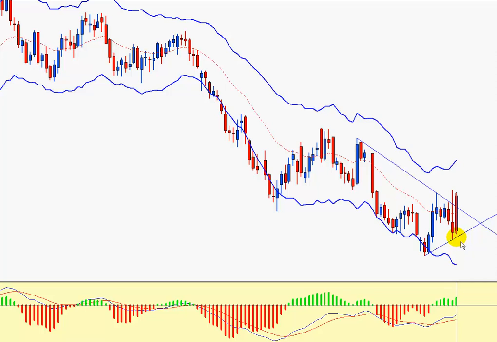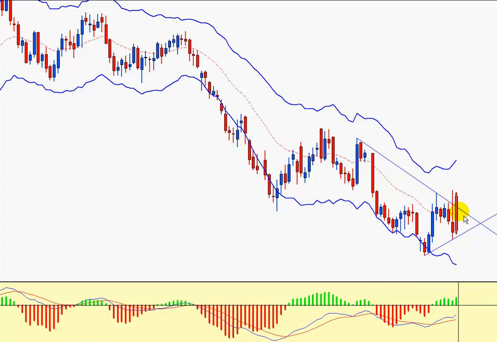Another option though, if you really want to minimize your risk exposure, is you could use this as your stop loss, put your stop loss right there, and you're only risking from there to there. It's not that much. That's a small thing.